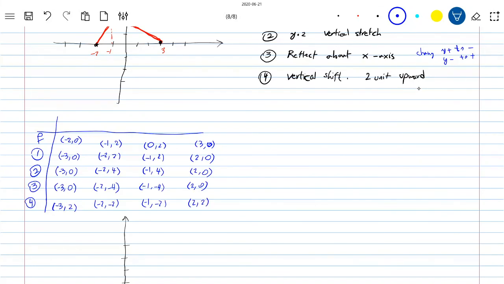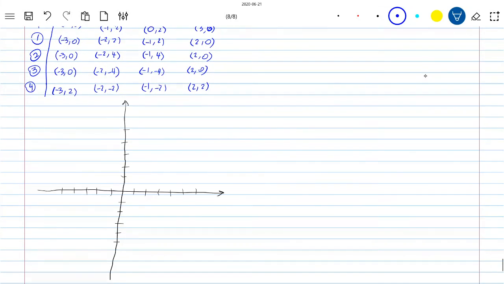So I did all these, and now I have 4 new points. Find those 4 points: -3 and 2, then -2 and -2, then the point -1 and -2, and 2 and 2, somewhere here.